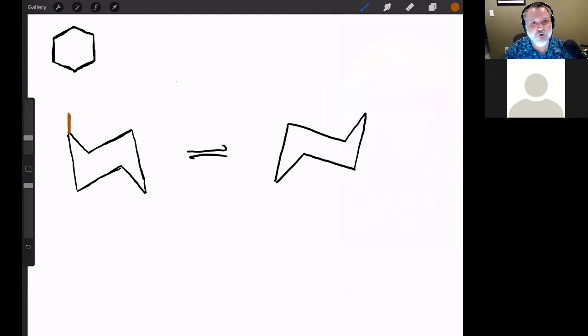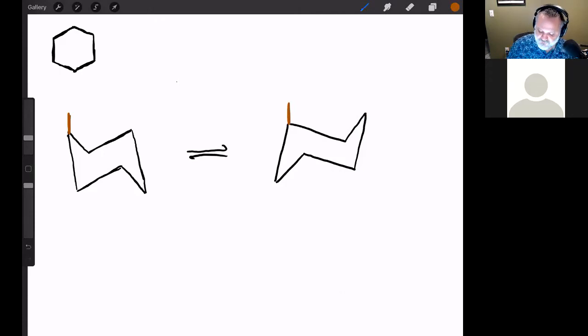This is arbitrary, but it gives me a systematic way to do it. If I follow this system, I'll draw the correct picture every time. So in the next picture, I want to start in the top left and draw the bond up.